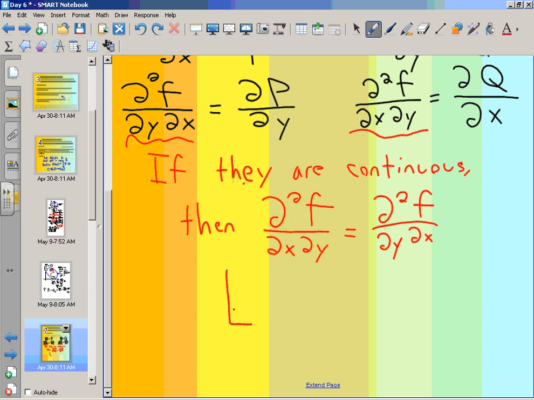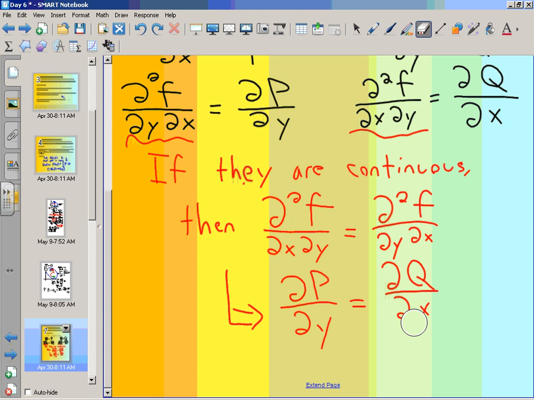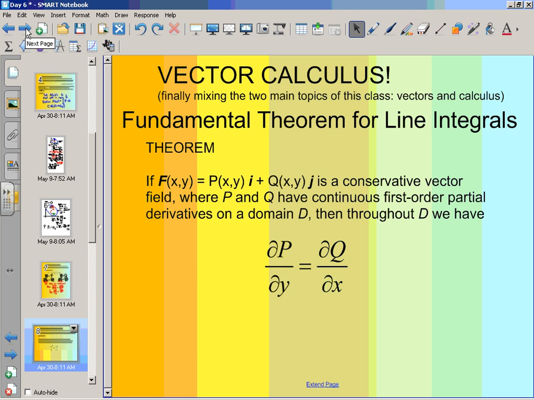And so that tells us that dP/dy has to equal dQ/dx. In other words, we take the i component, the x component of our vector, P, and differentiate with respect to y, and we take the y component of our vector, Q, and differentiate with respect to x. If they're equal, then it's going to be a conservative vector field. And so that actually is a proof for this theorem.